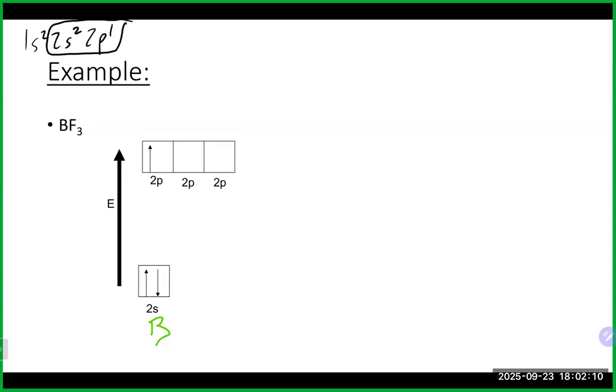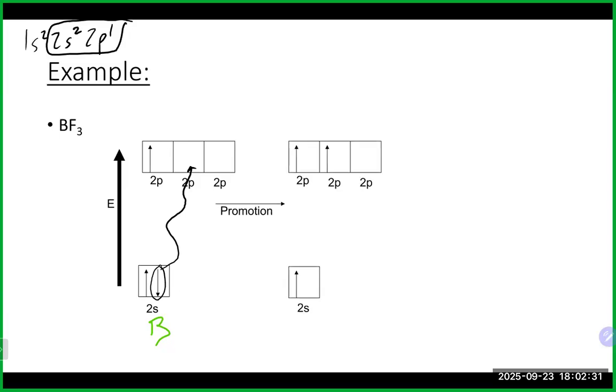In this case, as it goes through hybridization, the same thing is going to occur. This lower energy electron is going to get promoted with a little bit of energy up to the open p orbital, just like how we do it with an orbital diagram. It will actually go into the one to the right there, not the same one, again maximizing parallel spin. And that's going to give us that promotion.